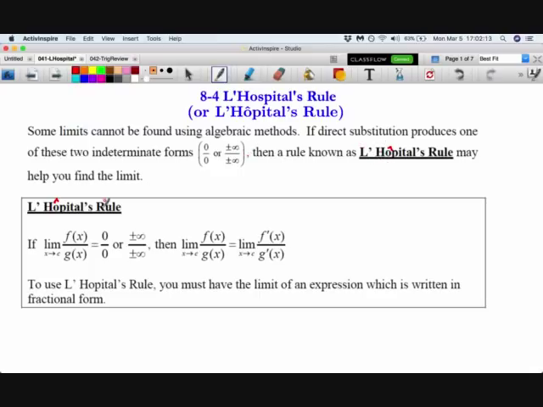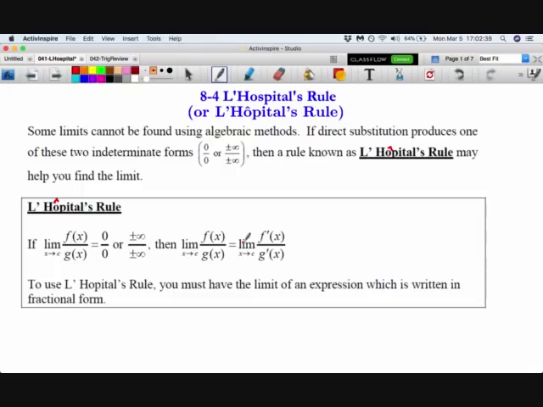L'Hôpital's rule says if we have one of these two forms, then we can take the derivative of the top function and the derivative of the bottom function, and it will have the same limit. Now, this might not seem helpful to you. You'll see in a minute this is very helpful. This will solve problems a lot quicker.